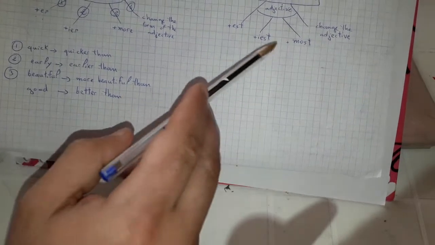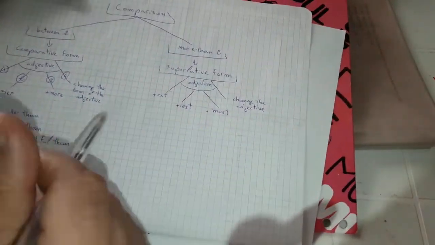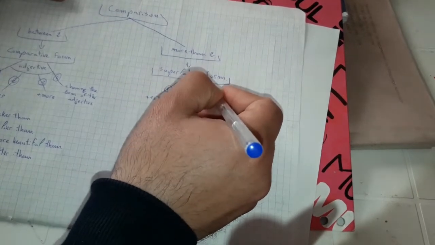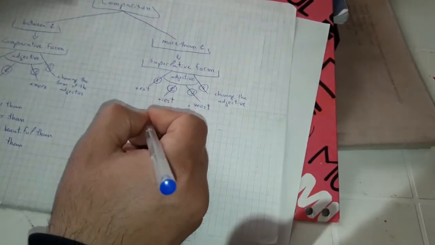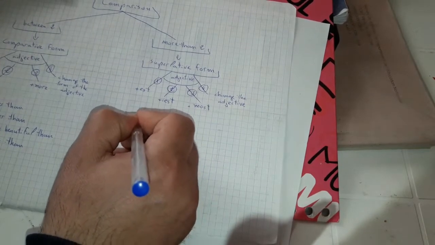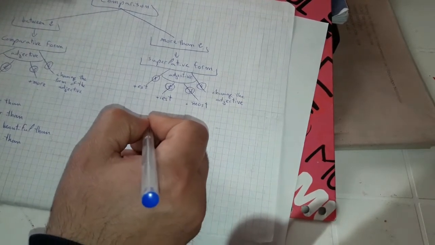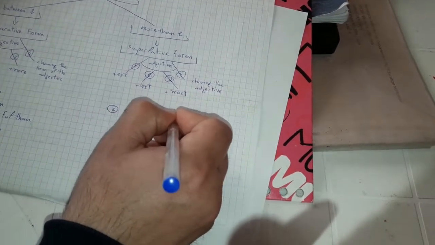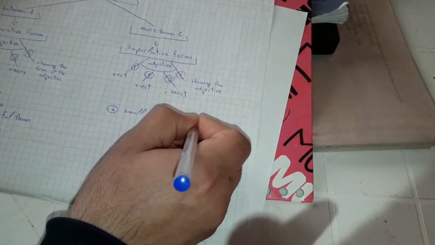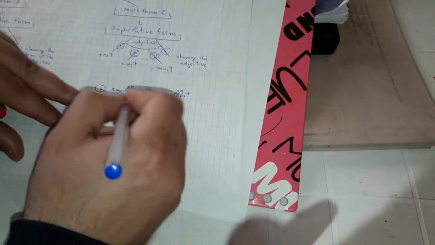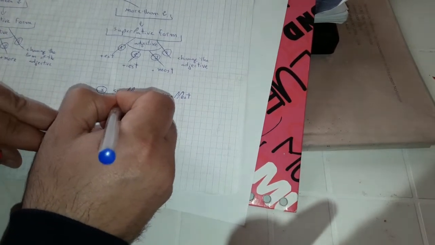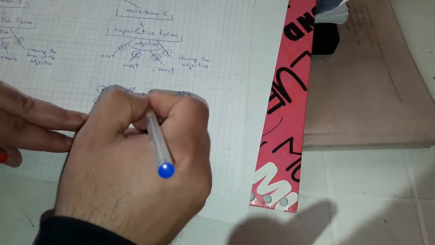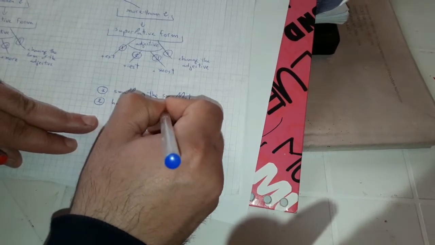Good, better than. Concerning the superlative form, let's give examples. For example, number one, small, so it becomes the smallest. Happy, the happiest.